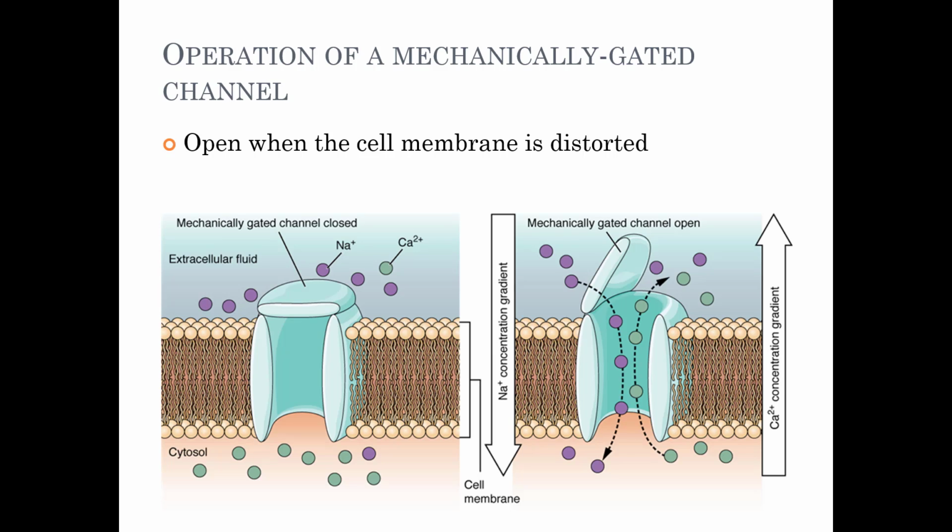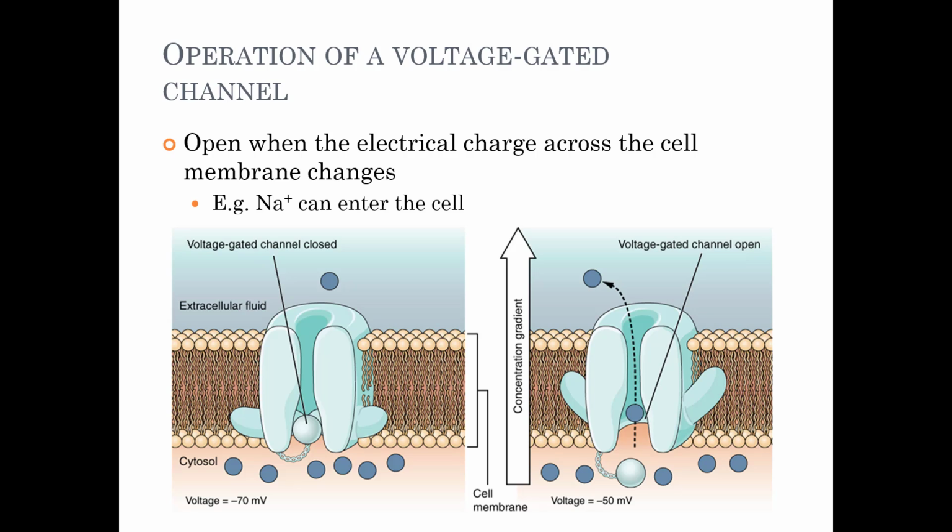So different sensory receptors are based on this principle here. Some sensory receptors will be based on a ligand-gated channel. Other ones will be operated with a mechanically gated channel. Okay? But the one that we're going to spend a little bit more time on today is the voltage-gated channel.